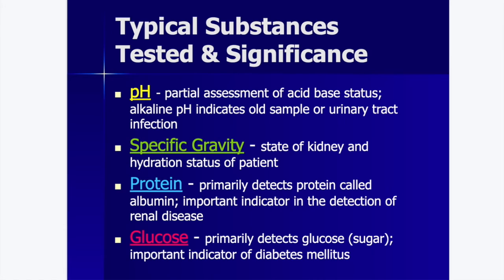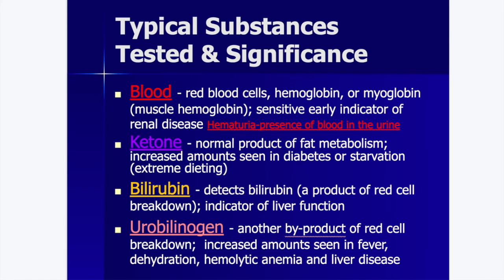Protein will detect specifically albumin, which is a plasma protein in our blood, and that is going to be an important indicator of renal disease, so you should not usually be seeing protein in a normal urine sample. Glucose will primarily detect glucose, which is a form of sugar, and it's also an important indicator in diabetes mellitus or type 1 or type 2 diabetes.